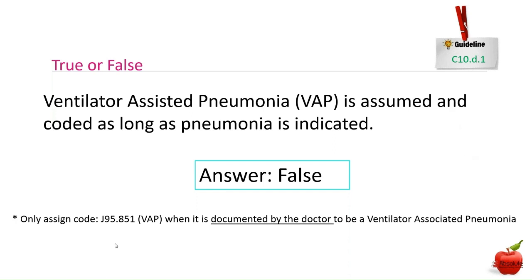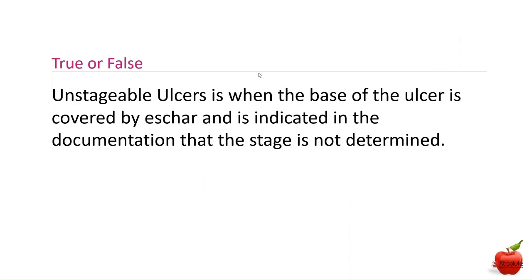So never assume, always follow the documentation. Here we go for the next true or false scenario. Unstageable ulcer is when the base of the ulcer is covered by a scar and it is indicated in the documentation that the stage is not determined. Is it true or false, coders?